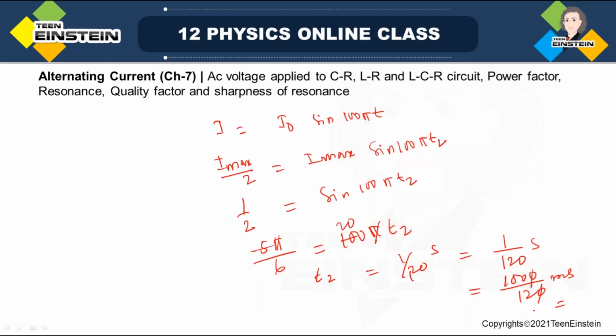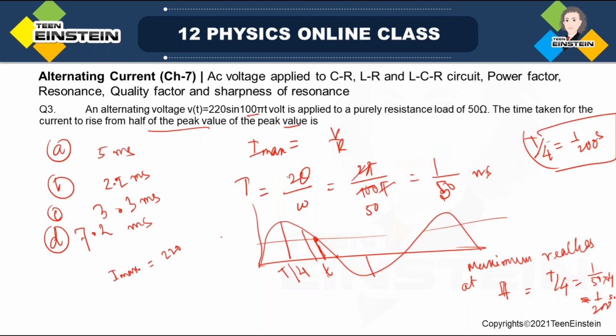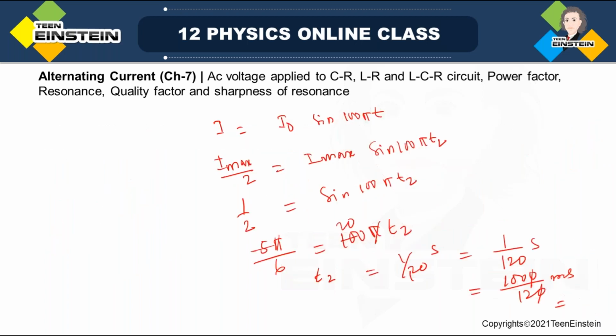Actually, the options were in terms of 3.2, 2.3, like that. So we have got t2, and that is the instantaneous time. During this time you have to find out the time interval. So T2 minus T1. T1 was obtained as 1 over 200 and here 1 over 120.